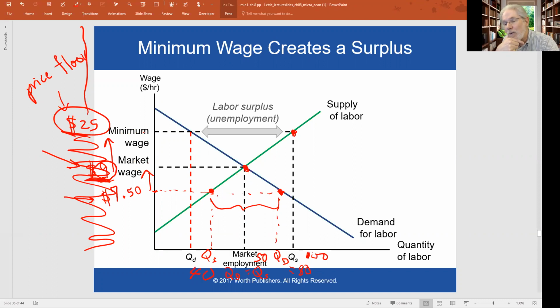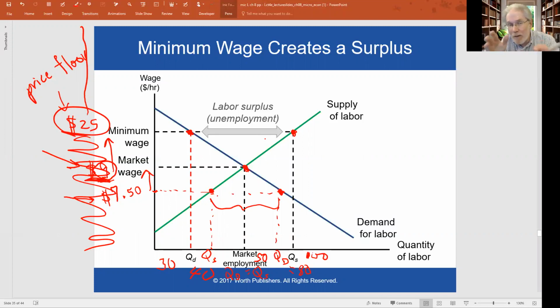At the higher wage, the quantity demanded is going to be way back here. Let's say it's 30,000.